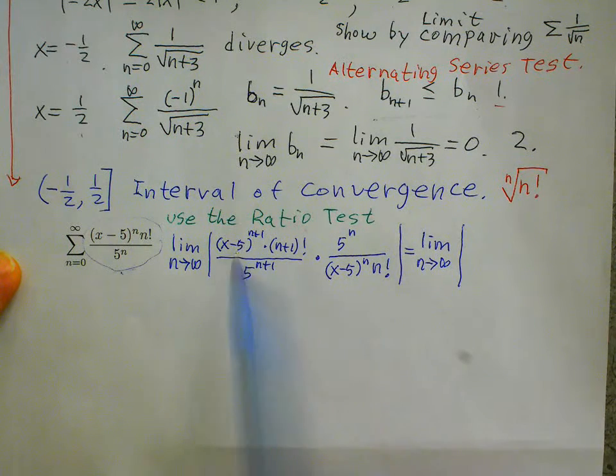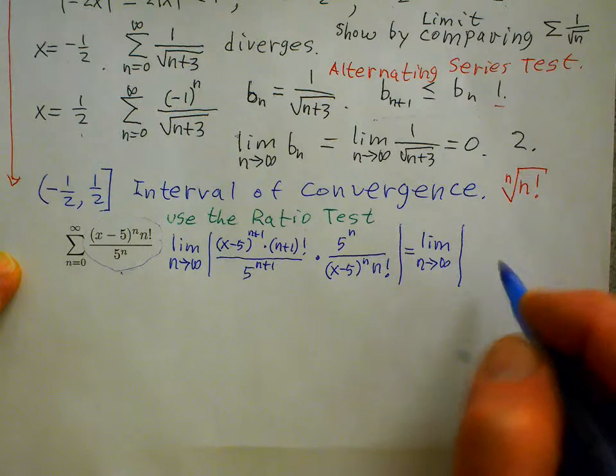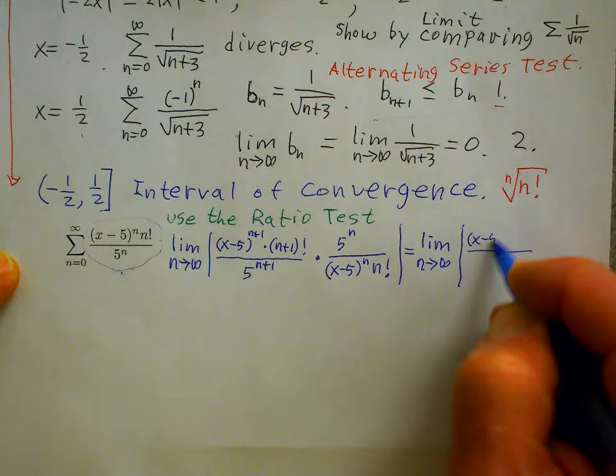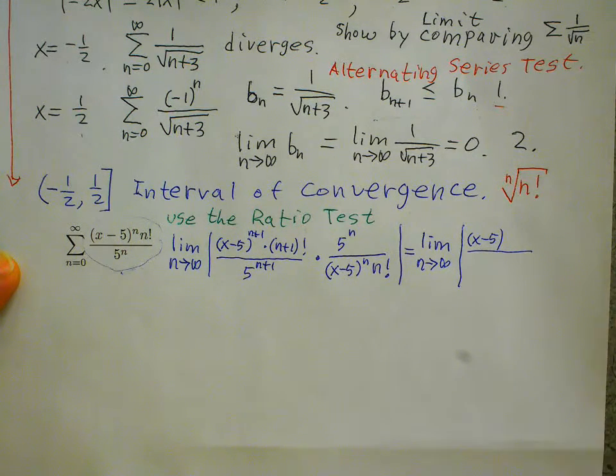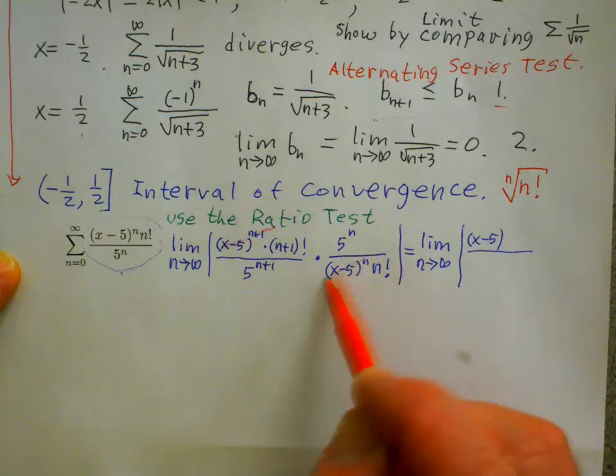So what will that simplify to? x minus 5, yeah, to the first in the numerator. So in the numerator, we'll just get x minus 5, by which we mean the quantity to the first, but we don't need to write it. We should put it in parentheses, though, for now. Okay, so that takes care of those terms.